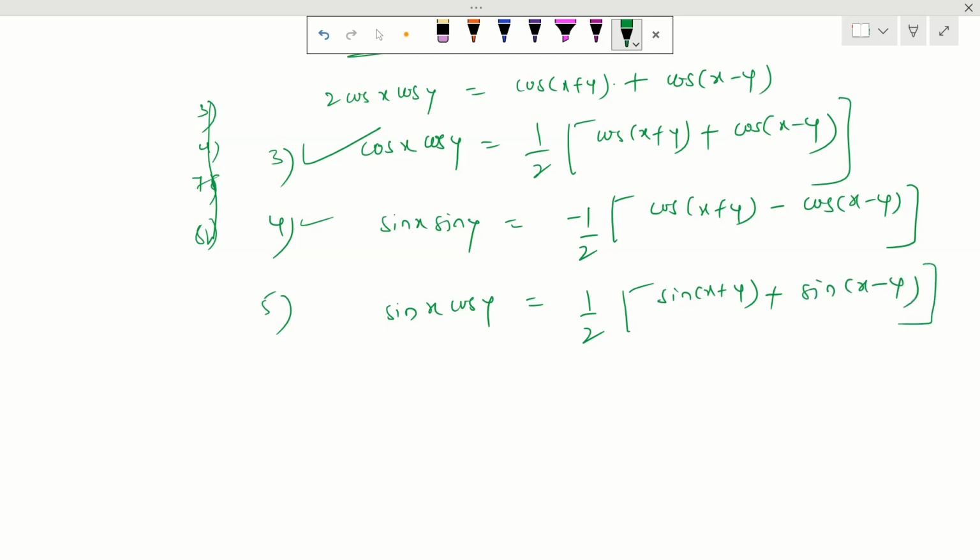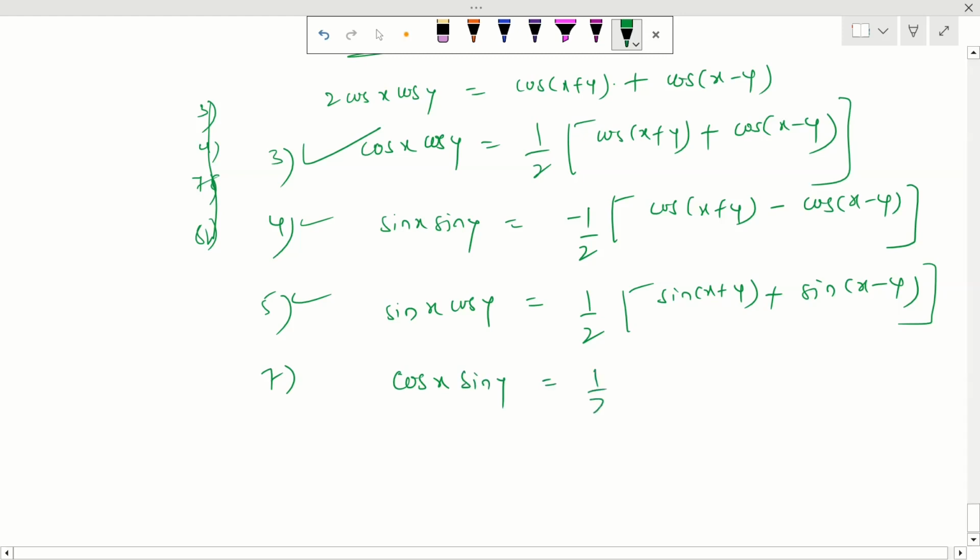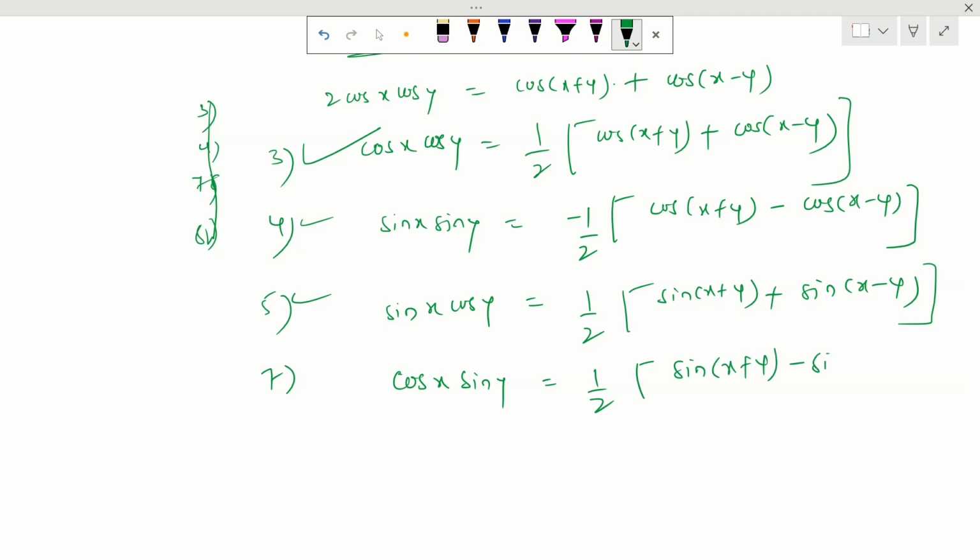And from the seventh one, cos x sin y equals 1 by 2 of sin of x plus y minus sin of x minus y. These are the new formulas.